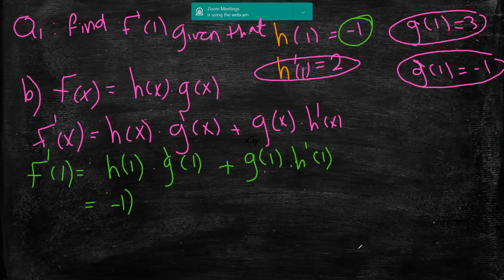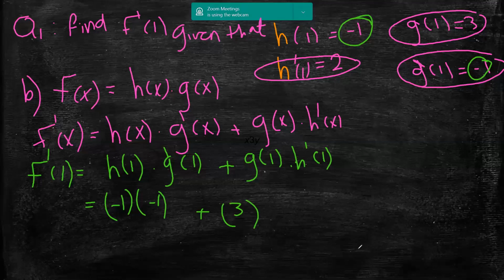It's -1 times g prime of 1, it's also -1, plus g of 1, which is 3, times h prime of 1, which is 2. So -1 times -1 is 1, plus 6, which is equal to 7.